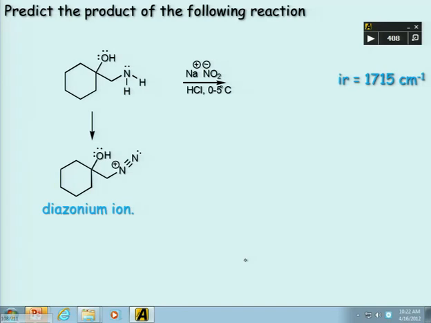You guys aren't providing much help here. This is going to lose nitrogen, and it is going to leave behind what kind of a species? When this goes, it's going to give nitrogen, and what is going to be left behind? No, a carbon species, something containing carbon. What functional group is going to be left behind?